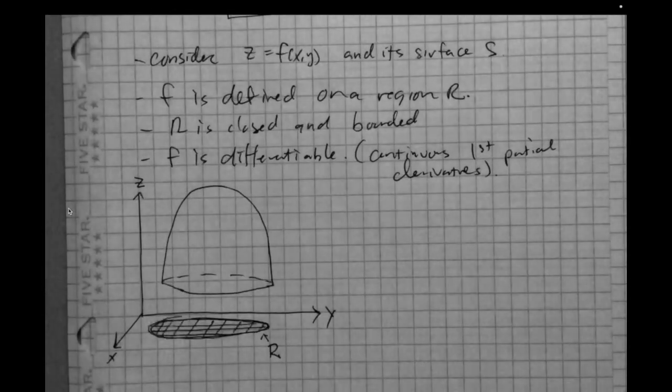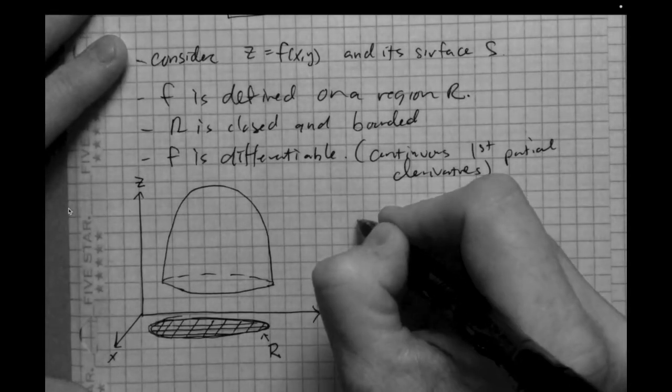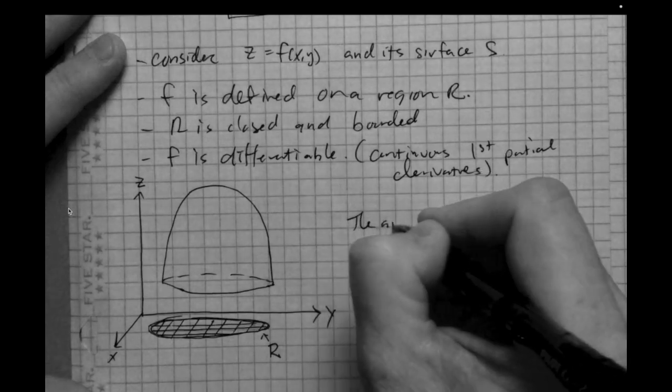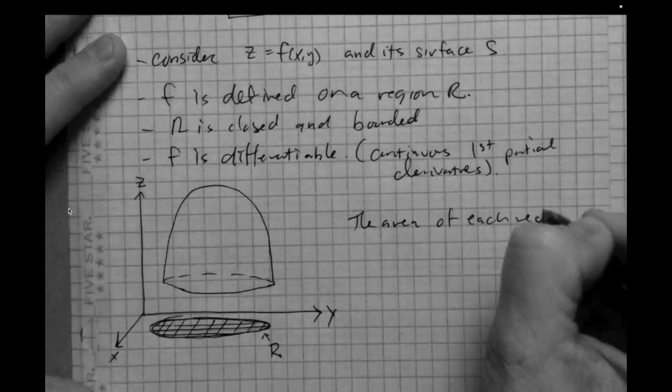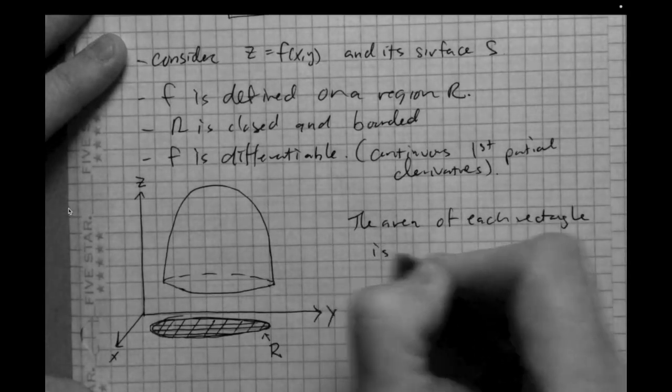So we're going to partition this space R into n rectangles. Now the area of each rectangle is trivial.